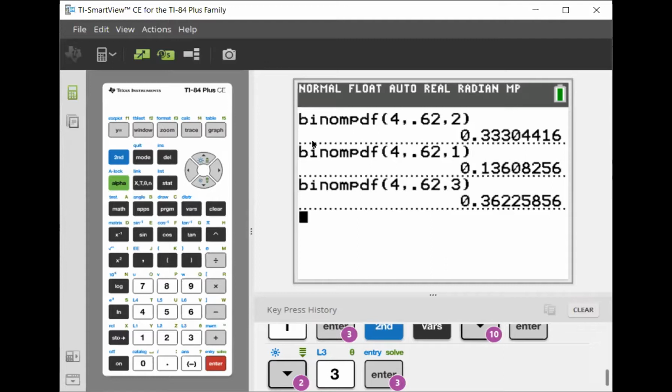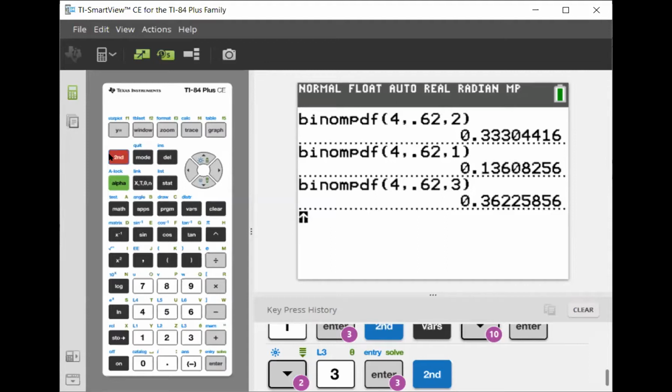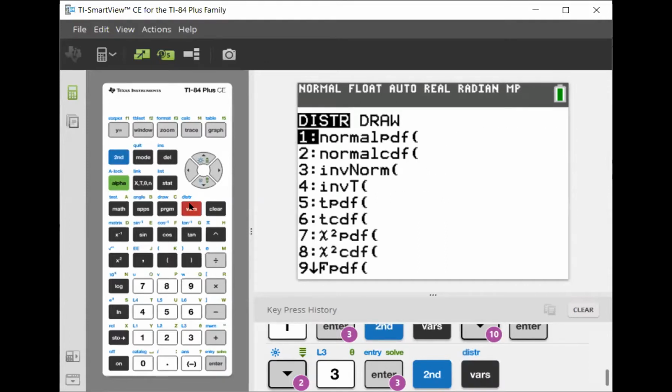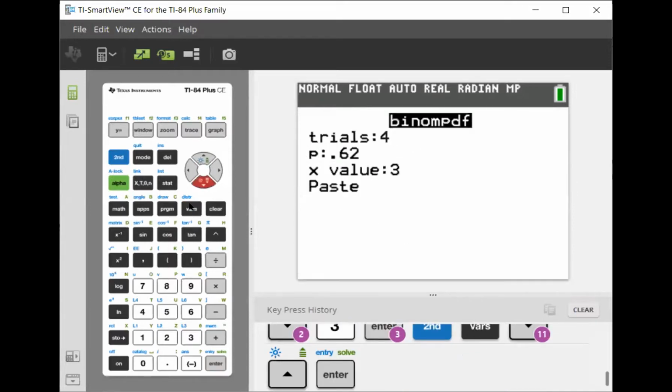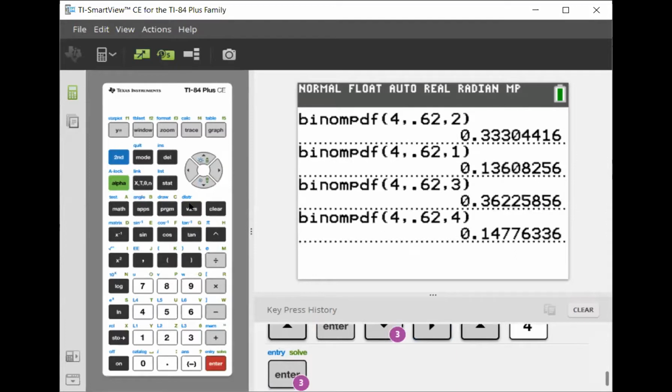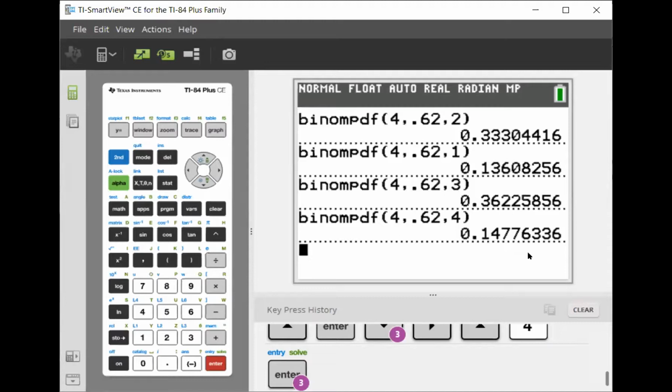Now get a precise value. And finally, the probability that it is exactly 4. So second vars, let us find binomial PDF, exactly 4. So X is 4. Here we go, 0.1477 and 7763 36.